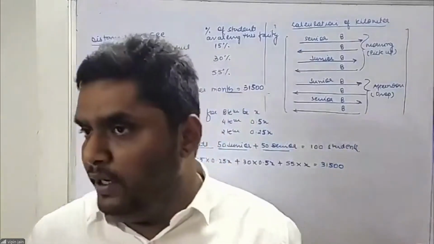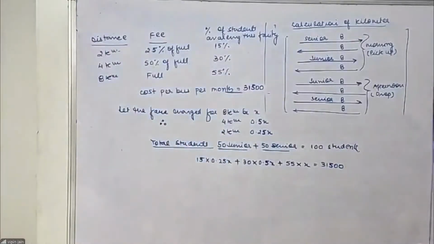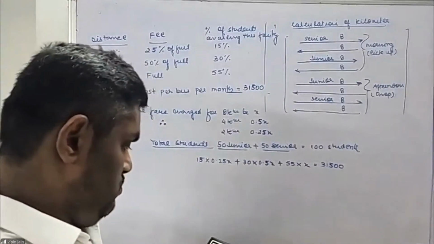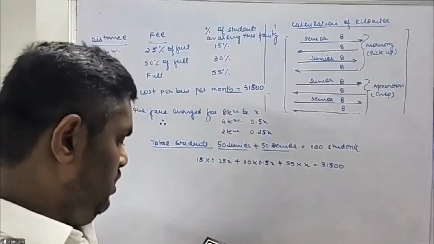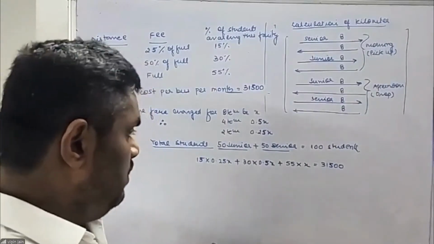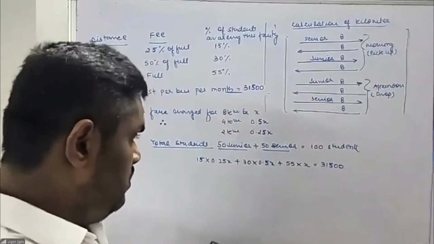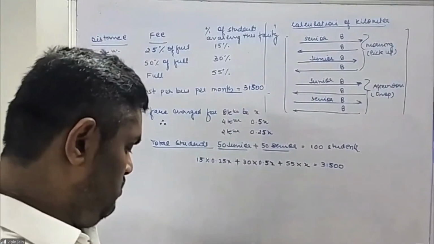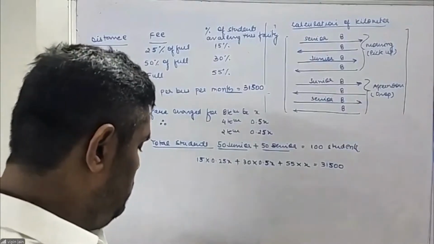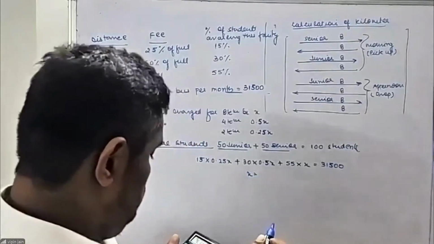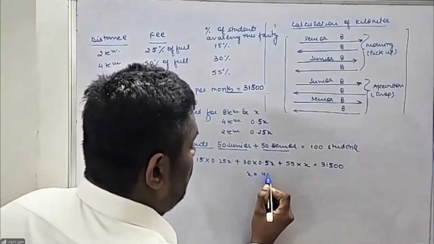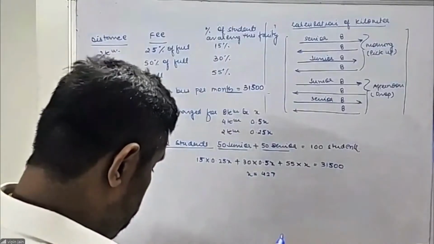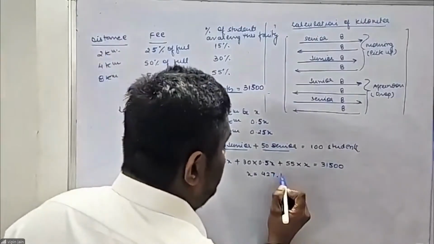So 15 into 0.25, 30 into 0.5. So the value of x will be 427.12.